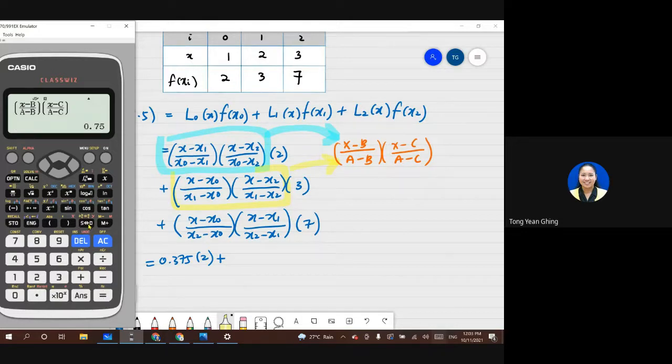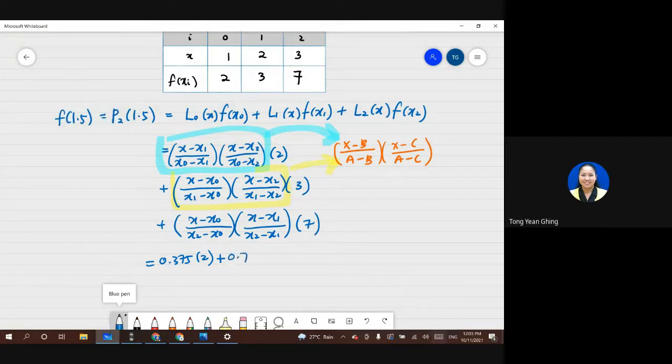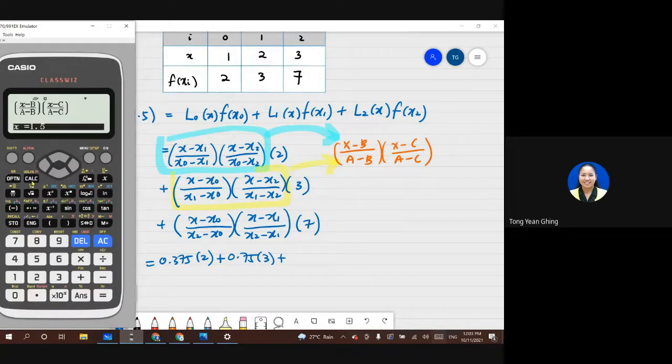So we get 0.75, times with... now it's the last part here. So calculate. x is still 1.5. Now b is x0, 1, and then a is x2, so x2 is 3, and then c here is x1, so x1 is 2. So we get negative 0.125.